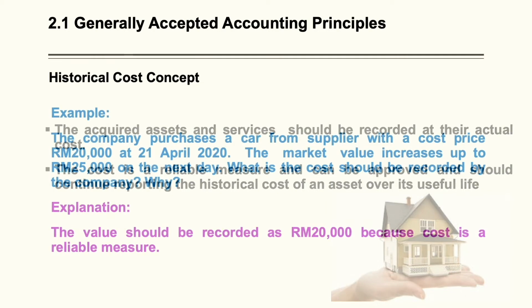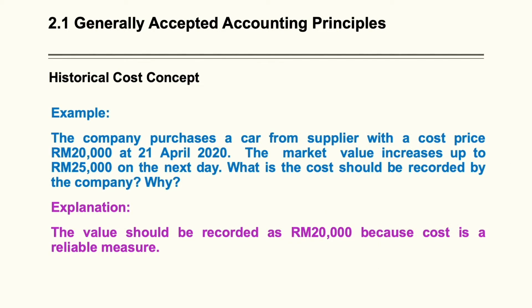So let me give you one example. Let's say the company purchased a car from a supplier with a cost price of 20,000 on 21st of April 2020. The market value increased up to 25,000 on the next day. So what cost should be recorded by the company and why? Remember, according to this historical cost concept, the value should be recorded as 20,000.